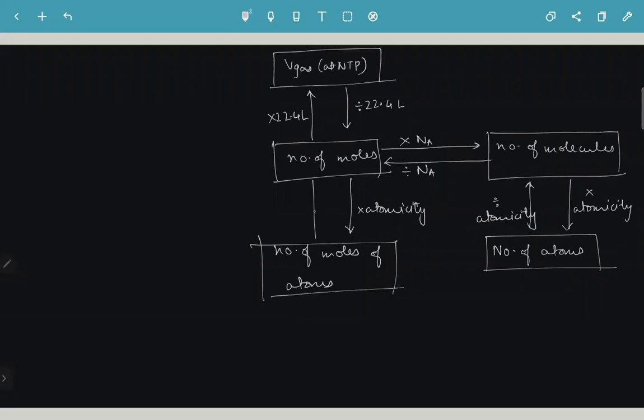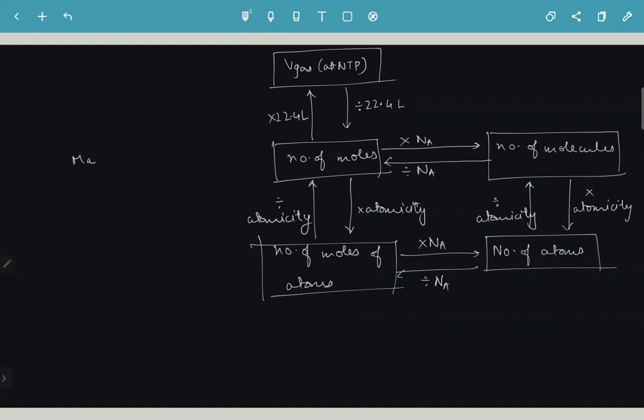Number of moles of atoms divided by atomicity will give the number of moles. Number of moles of atoms into Avogadro's number will give the number of atoms. Number of atoms divided by Avogadro's number will give the number of moles of atoms.